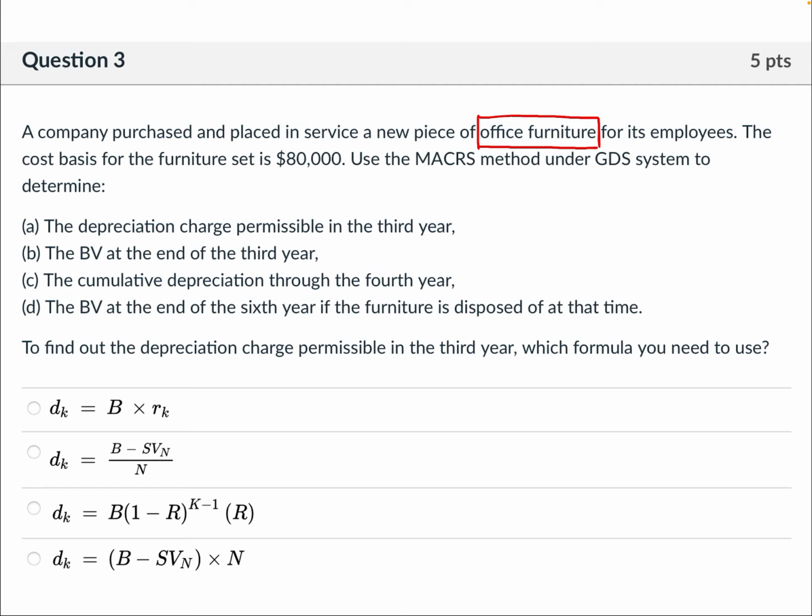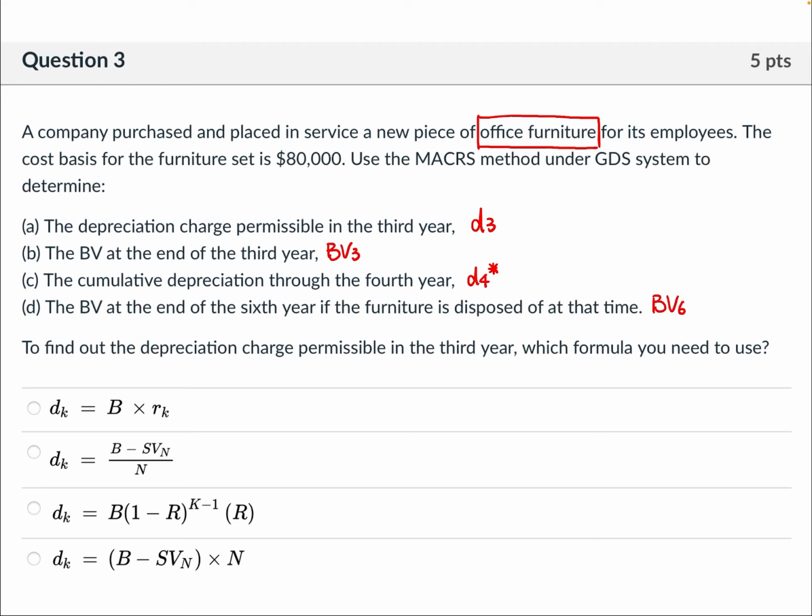The cost basis of the furniture set is 80,000, and then use the MACRS method under GDS system to determine first the depreciation charge permissible in the third year, which is the D3, the BV at the end of the third year, which is the BV3, the cumulative depreciation through the fourth year, so it's D4 star, the BV at the end of the sixth year if the furniture is disposed of at that time, so it's asking what is BV6.